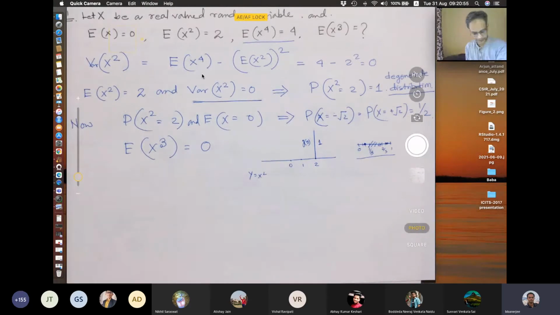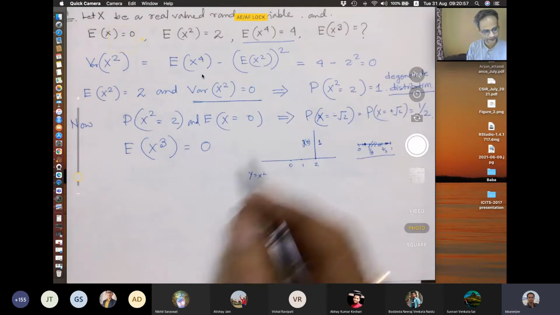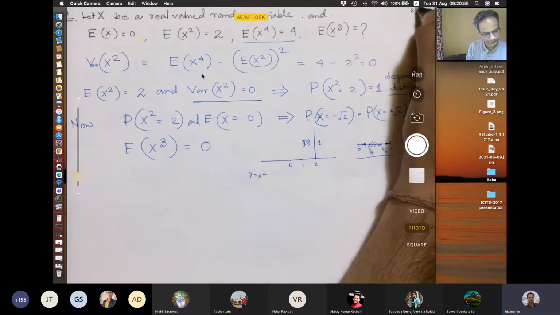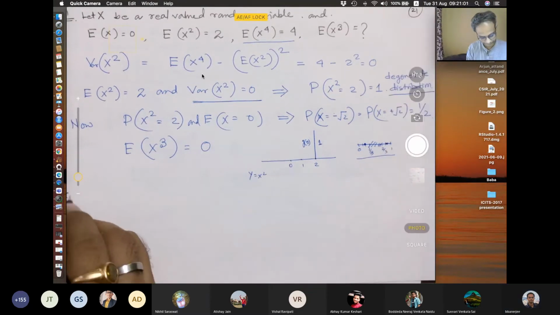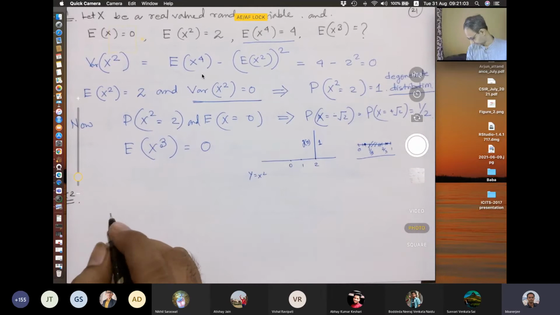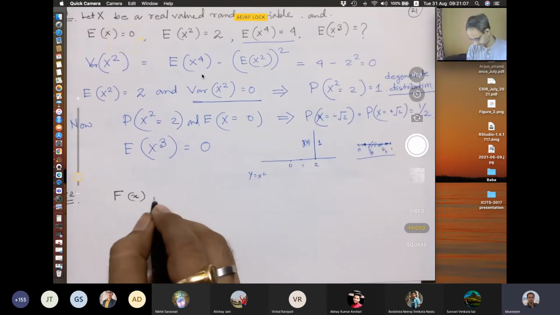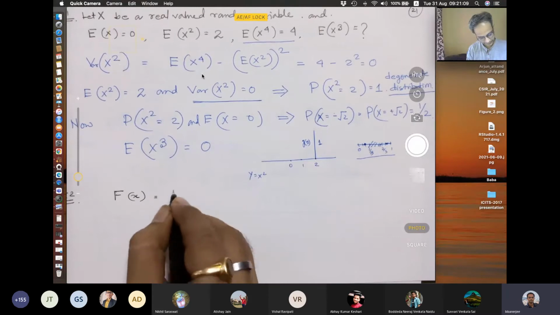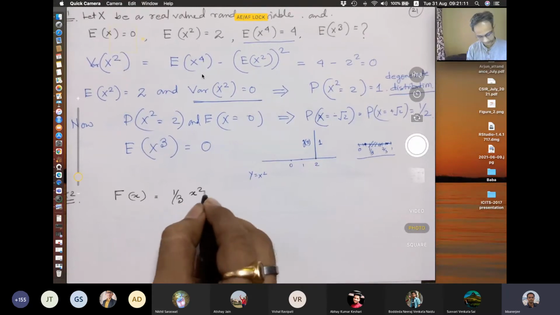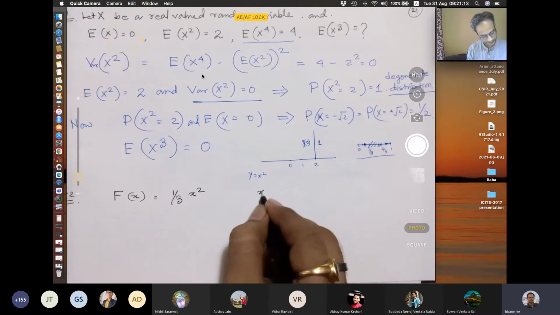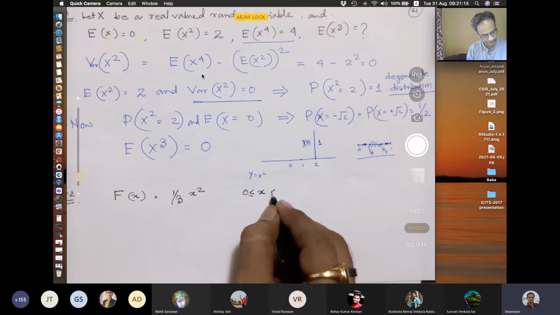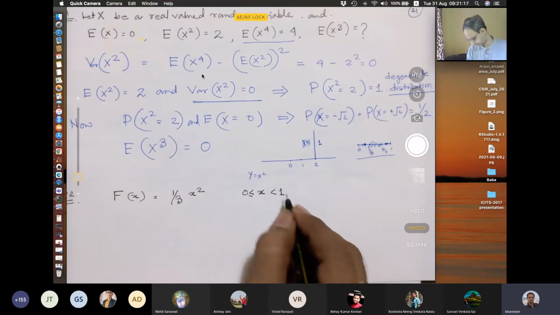Now another example, which is also a very nice one. F(x) is given in this way: 1/3 x squared when x is greater than or equal to 0 and strictly less than 1.